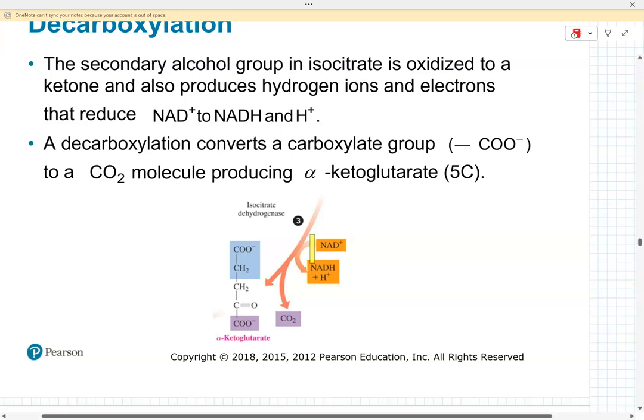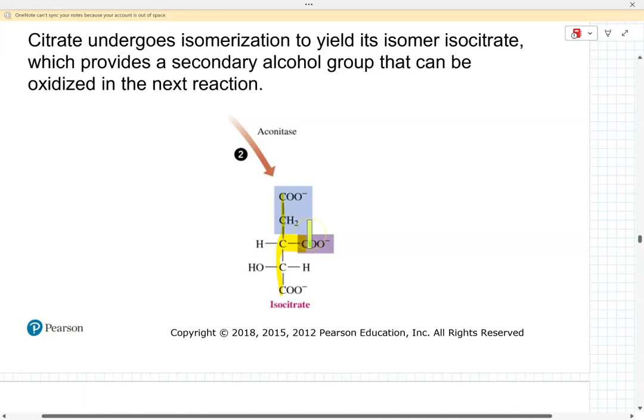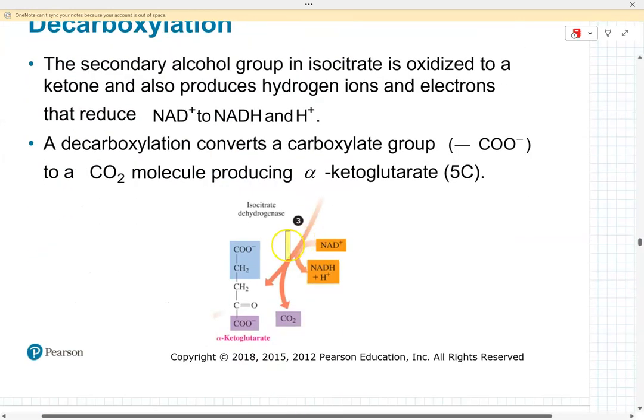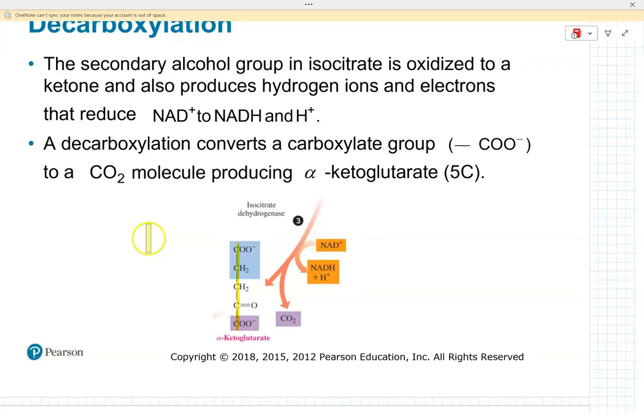Now, remind me, how many carbons do you have in isocitrate? Look at this alpha-ketoglutarate. How many carbons do you see? 5. So we lose 1 carbon in the form of CO2, but we produce NADH. What does NADH carry? Hydrogens and electrons.